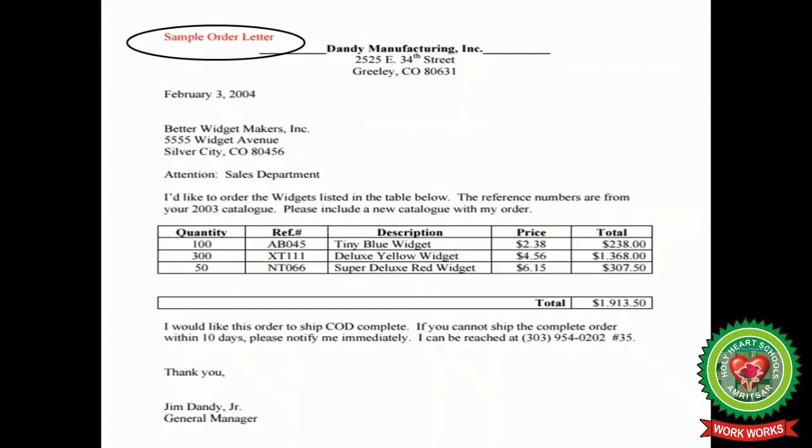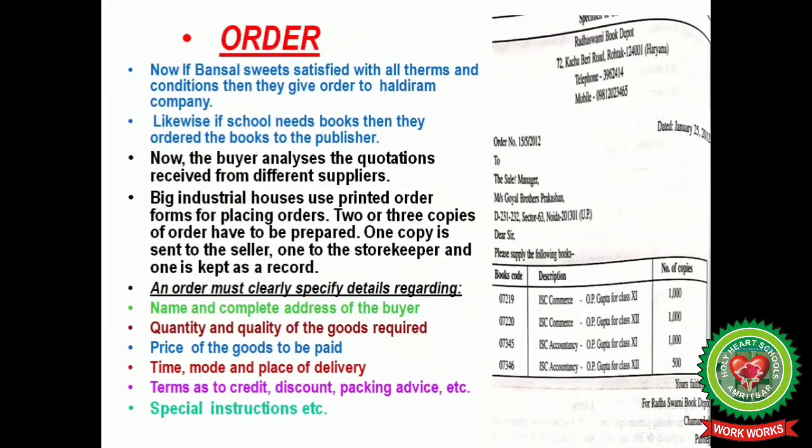Now the fourth document that is needed is the order. It means a proper order list is maintained that is provided by the buyer. If we take the same example, if Bansal Sweets is satisfied with all terms and conditions, then they will order from Haldiram company that these are the products that are available and they need them.